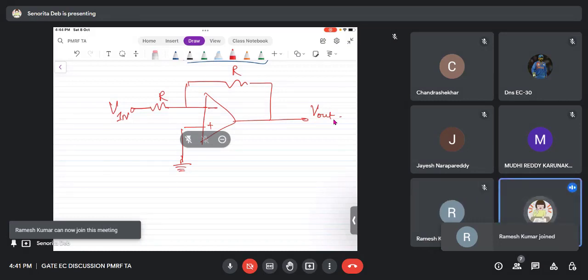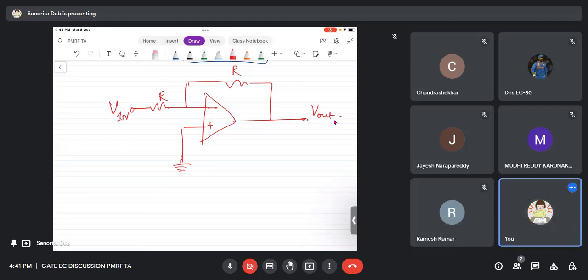And therefore we come to the concept of virtual ground. Okay, so basically you can see that there is a virtual short circuit between these two nodes, between the inverting and non-inverting terminal, because VD is tending to 0, right? For a negative feedback configuration, VD tends to 0, and therefore I can say that a virtual short circuit exists between V1 and V2.